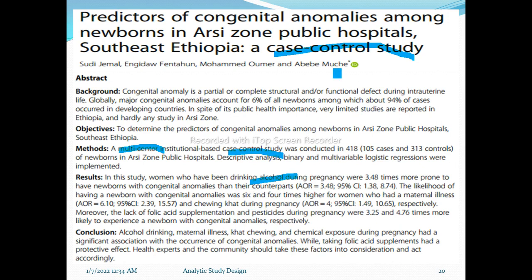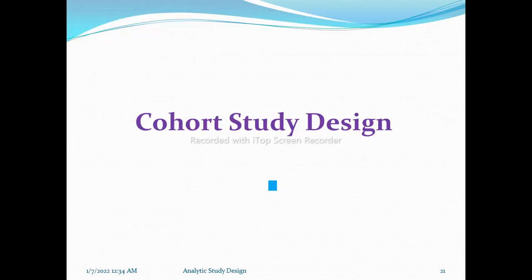So mothers having newborns with congenital anomaly were asked whether she was drinking alcohol or not, and mothers of newborns without congenital anomaly were asked whether she was drinking alcohol or not, like this. So if you want to do an unmatched case control study, you can do just like this. This is a sample study.